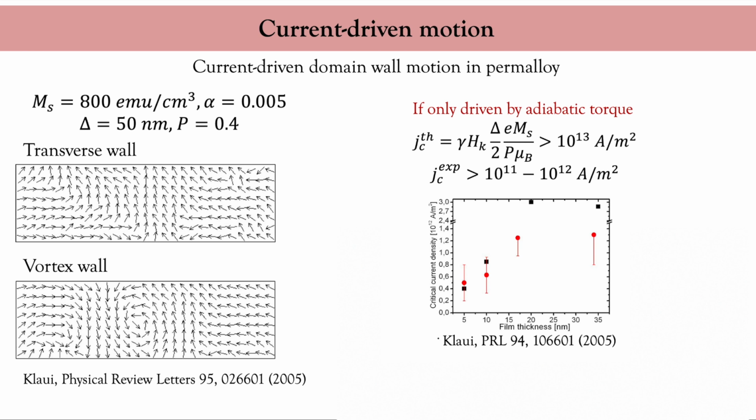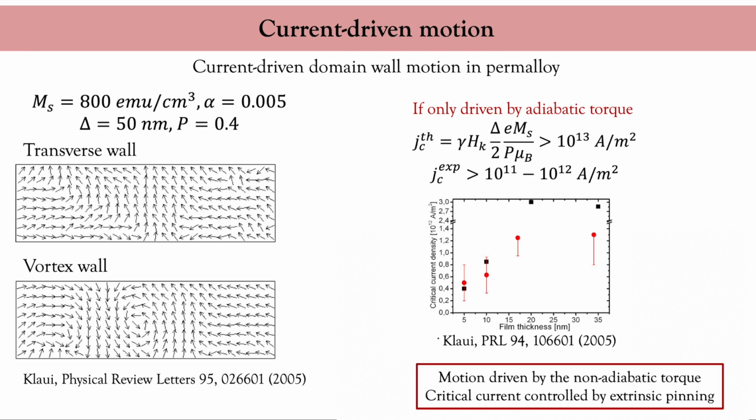So it means that the motion is rather due to the non-adiabatic torque, and that the non-zero threshold is associated with extrinsic pinning centers that prevent the domain walls from moving at arbitrary low current density.